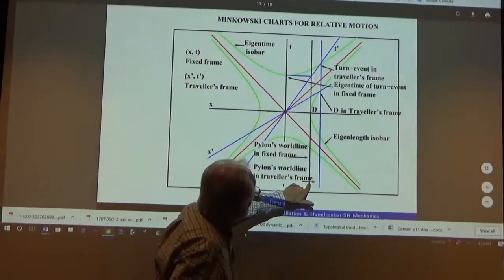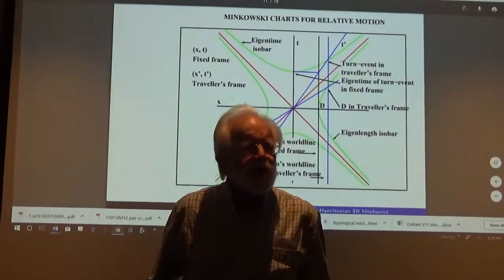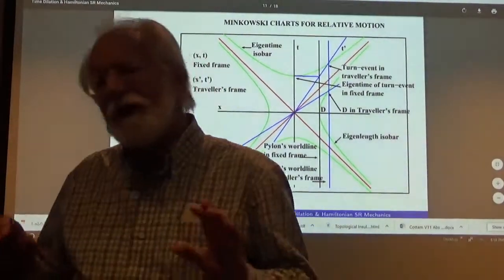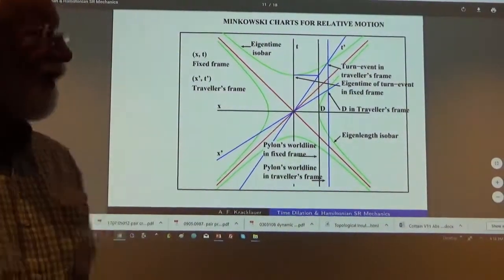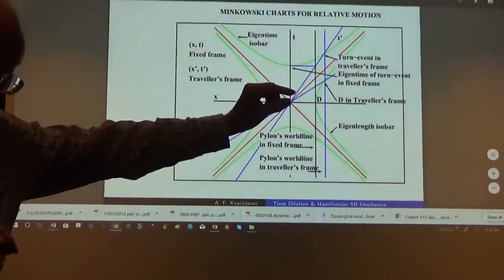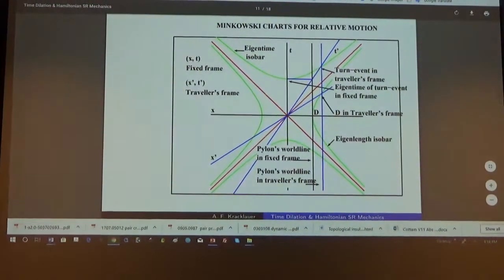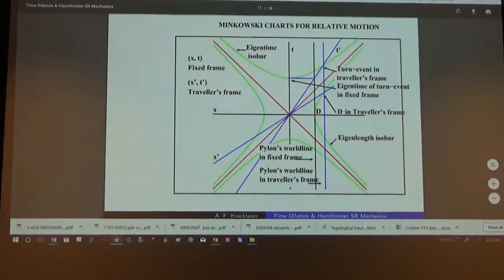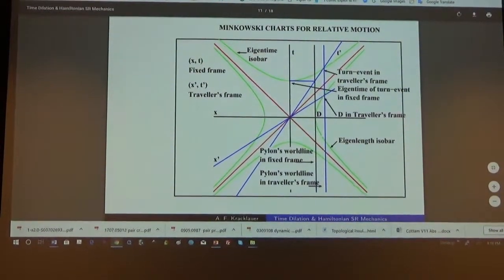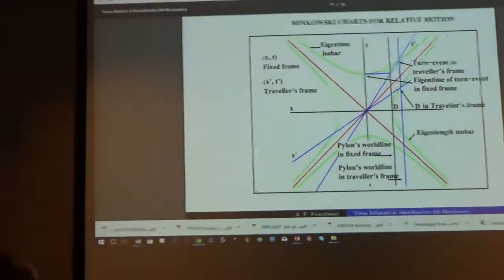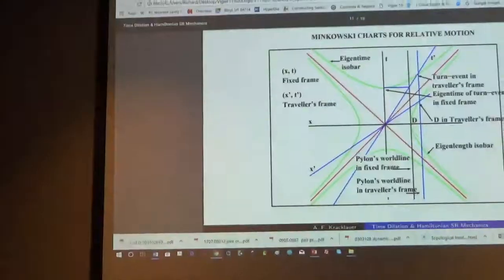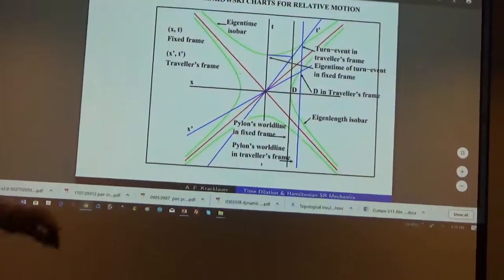Then what we're talking about now is the trip that the traveling twin makes. He goes out from somewhere to a star or something and turns around. That star I call the pylon, which alludes to old-time airplane races. Airplanes would go out and turn around some pylon.